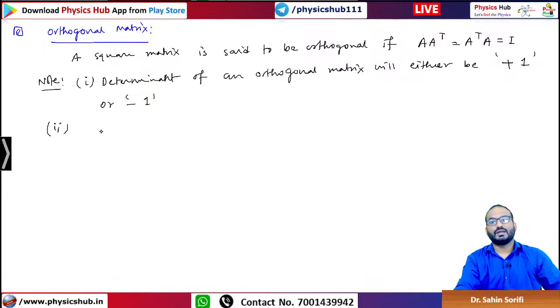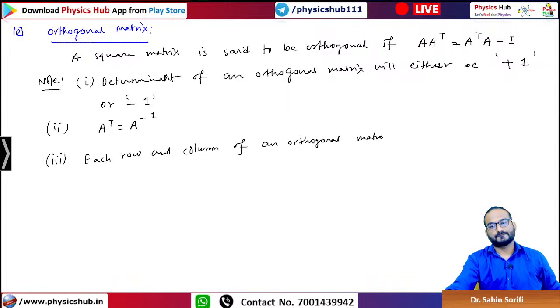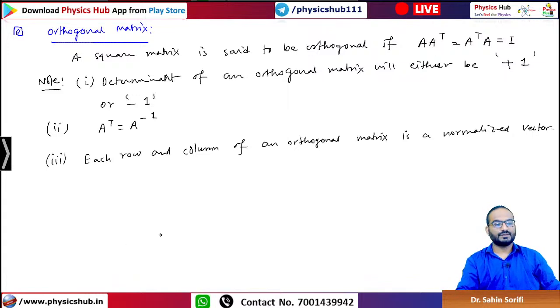Number 2, A transpose is equal to I by A, so A transpose equals A inverse. Another thing, each row and column of an orthogonal matrix is a normalized vector. Do you understand the meaning of this?